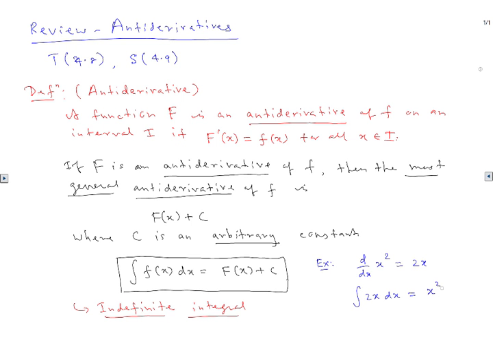But if you need the most general one, we can add a C here. So when you write the notation, we write the most general one. So it's like, just go backward. This is the kind of idea we try to understand. As you can see, that's very simple. So if you are good in derivatives, you are automatically good in integrals, because you just need to think backward.